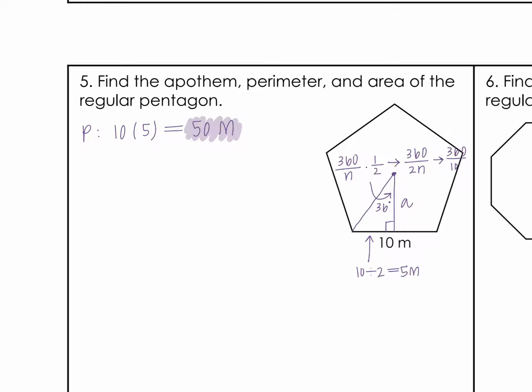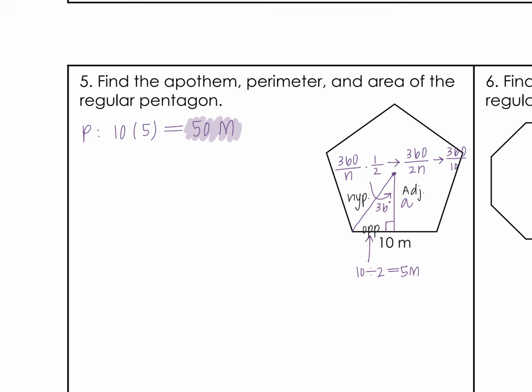Now that I know that angle, I know here that I'm using trigonometry because it's not a 30, 60, 90 or a 45, 45, 90. So I'm going to label my opposite, my hypotenuse, which should be my radius, and then my adjacent, which is going to be my apothem I'm looking for.